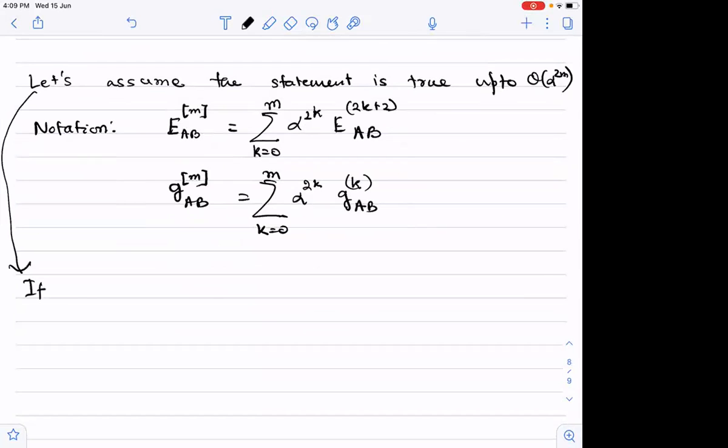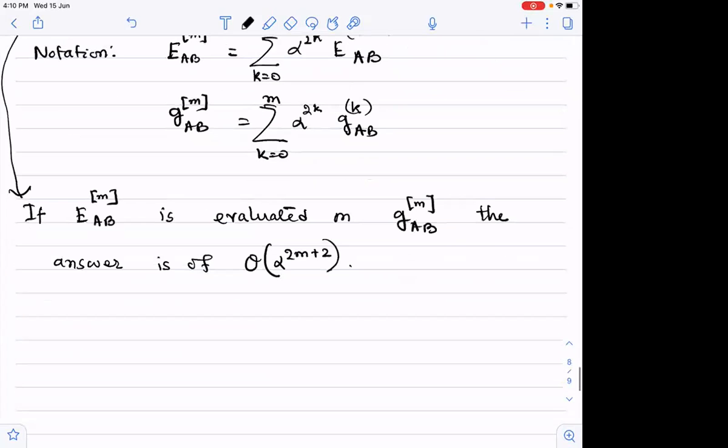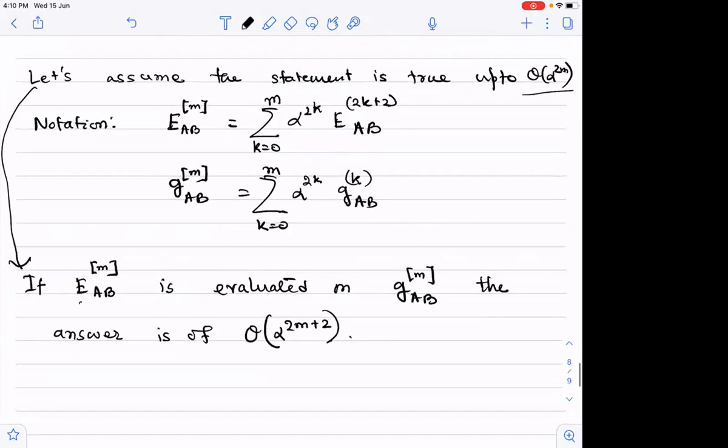If E_AB is evaluated on G_mAB, the answer would be of order alpha to the 2m plus 2, because G_mAB solves E_AB up to order alpha to the 2m, which we have assumed.